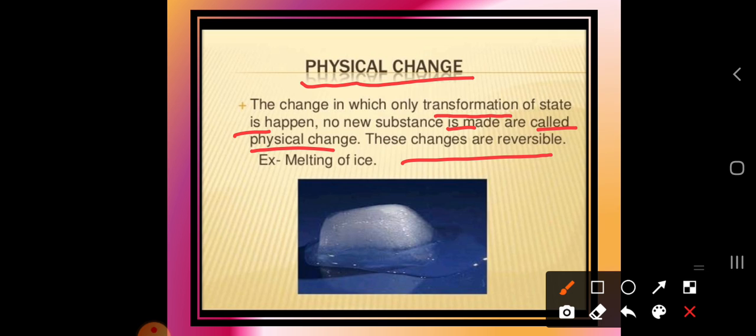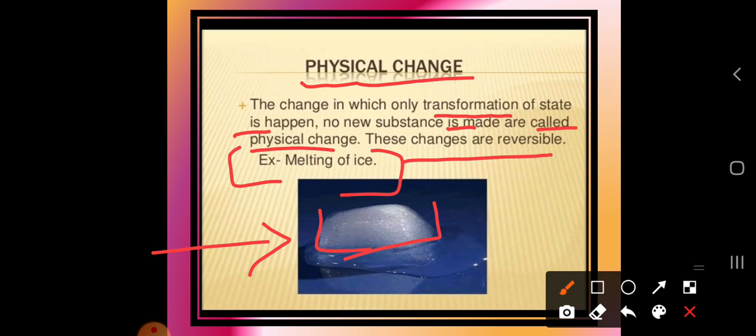You can take a simple example, the melting of ice. Ice is the solid form of water. Usually water exists in which state? That is the liquid state. So, it can be converted from solid to liquid, liquid to gas. Here an ice cube is the solid form of water, so if the ice melts, then it is a physical change.